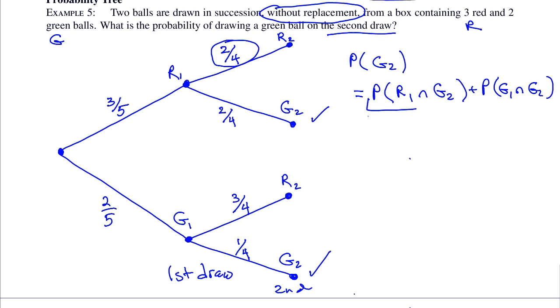Let's expand the probability of R1 intersect G2 using the previous formula. This would be the probability of R1 times the probability of G2 given that the first ball was R1.